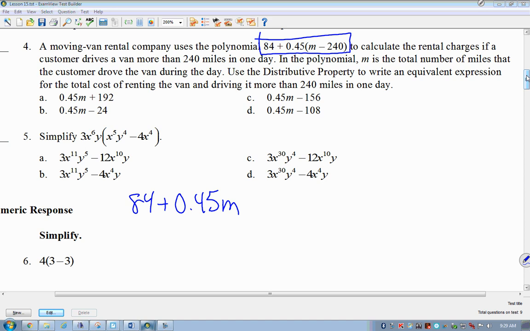So we want 0.45 times negative 240. $108. Close. We might be missing something. Negative 108. Okay, at this point, what's my final step, Caden?